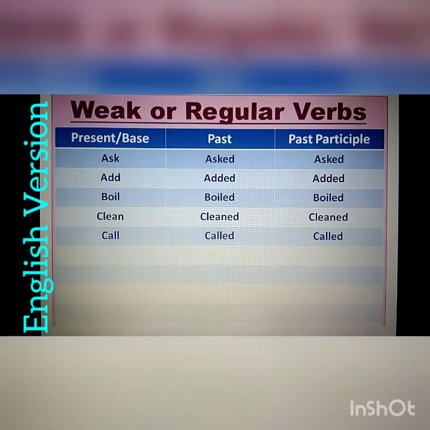Now, in case of base form, we can see on the screen: ask, asked, asked, add, added. Likewise, ed is added with the base form to get its past and past participle forms.